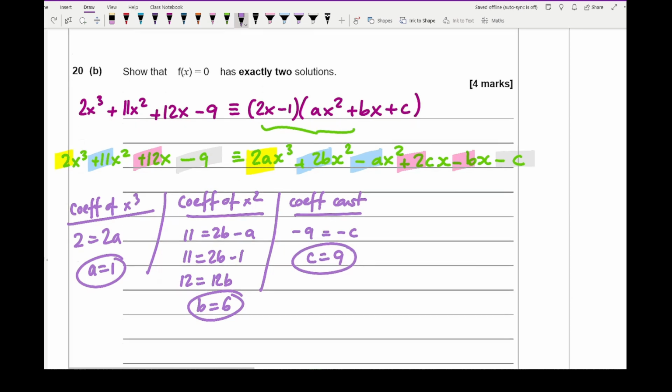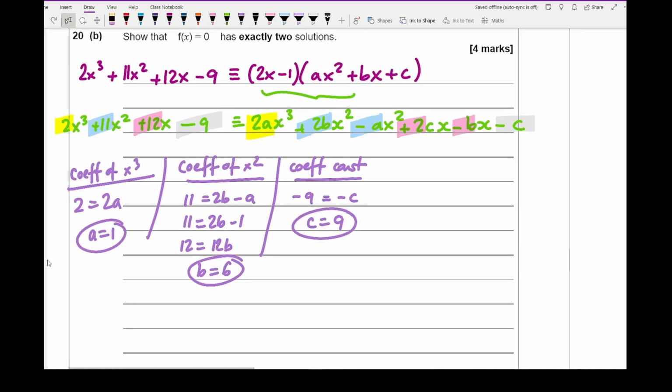So if I substitute those values of a, b and c, let me change to a yellow, what I end up with is 2x minus 1 in one bracket, and x squared plus 6x plus 9 in my second bracket.